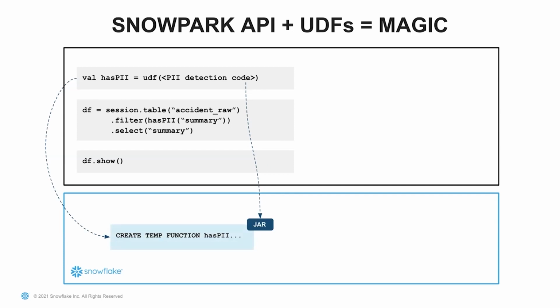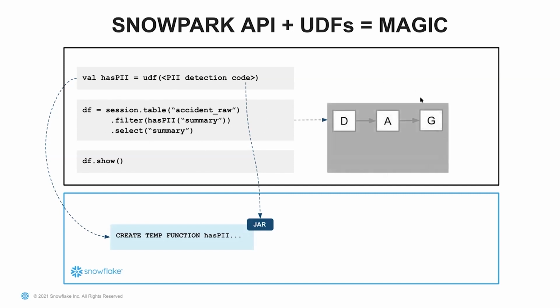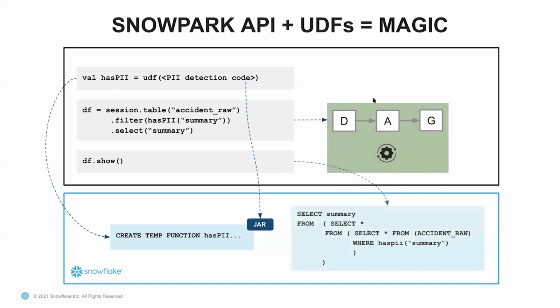So it's capturing a closure, pushing any libraries that it needs up to the server. And then when I write these data frame operations, it's again producing that in-memory DAG, that in-memory data structure that represents the query. And when I do something like a show, it converts that into SQL again. But now it's SQL that applies the function that I have created by making this UDF call.